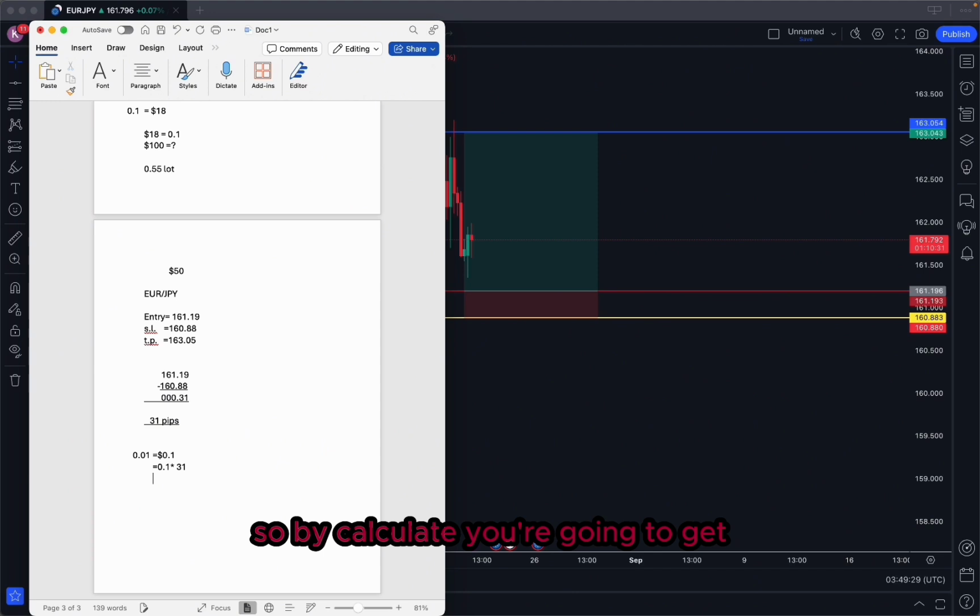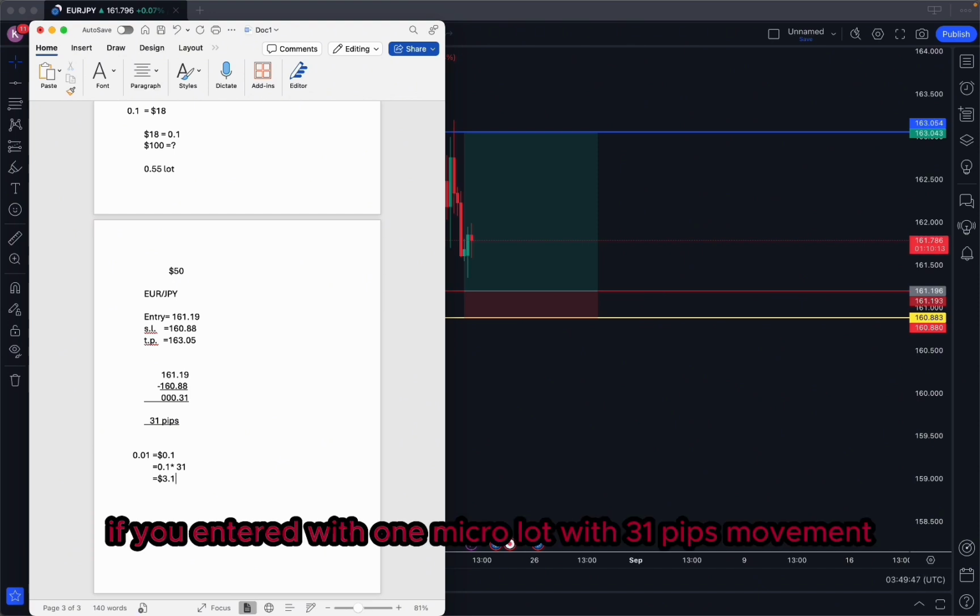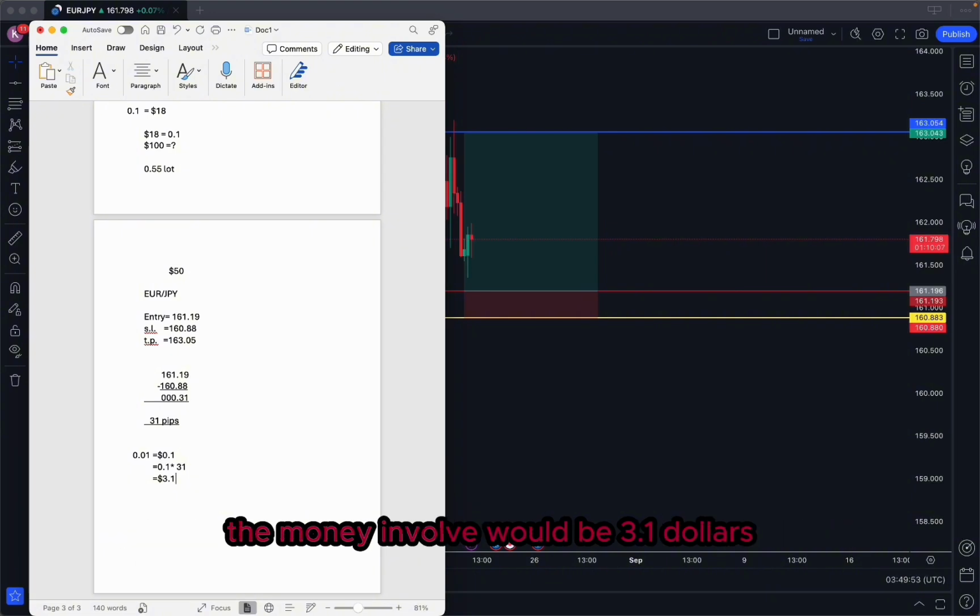By calculating, we are going to get $3.1. So if you entered with 1 microlot with 31 pips movement, the money involved would be $3.1.